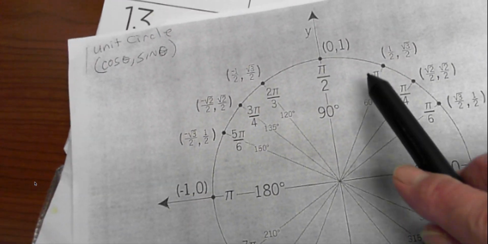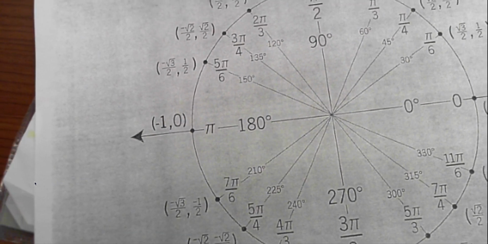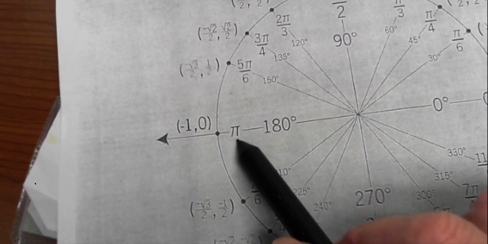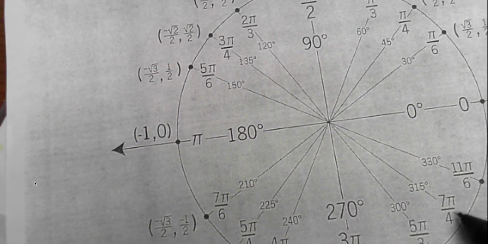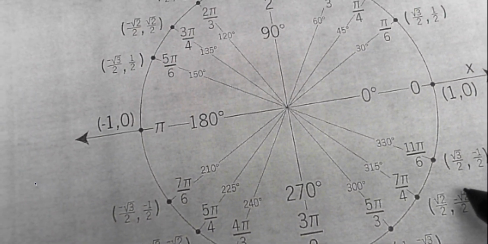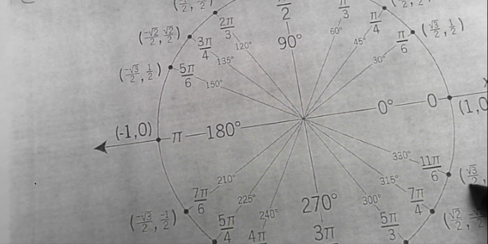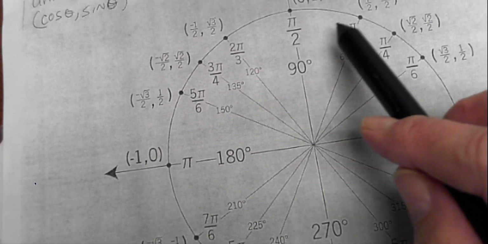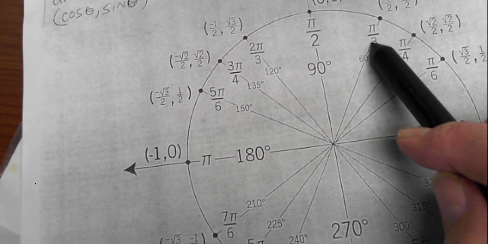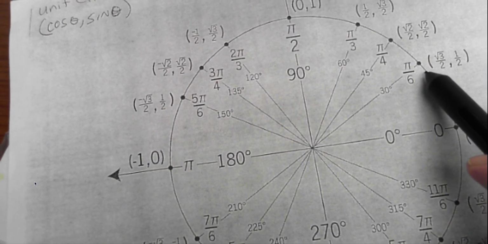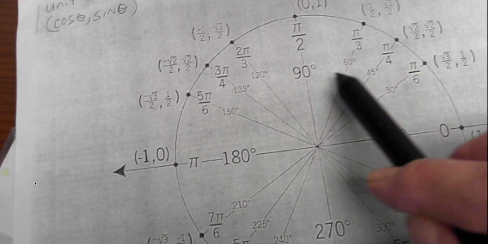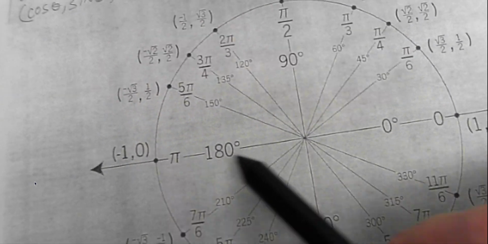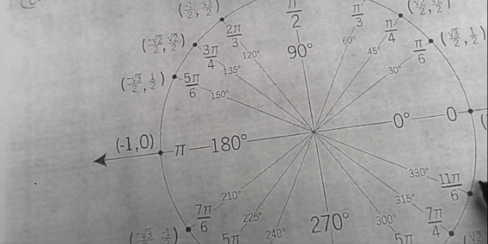And then from here to here, I'm going to pick a test point pi, and then from here to there, I might as well do 11 pi over 6. So I'm picking test points. One test point is pi over 6. The other test point is pi. And the last test point is 11 pi over 6.